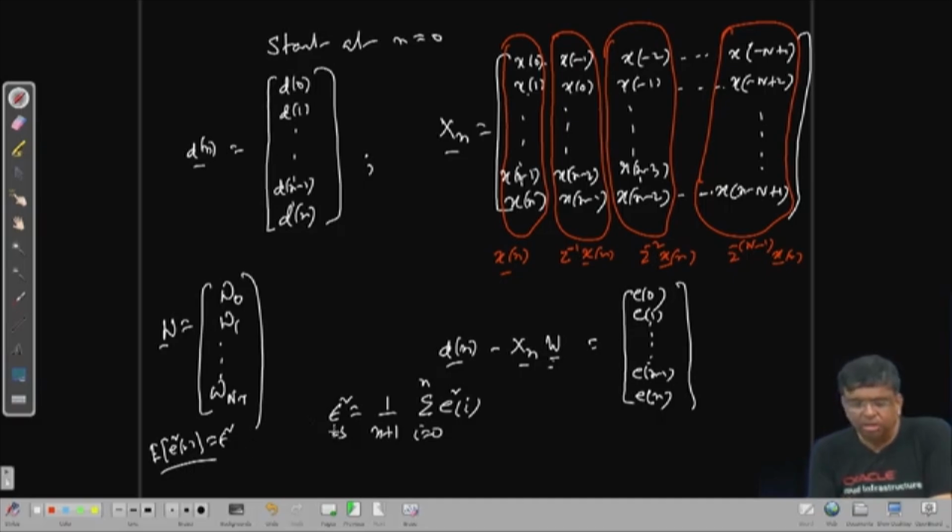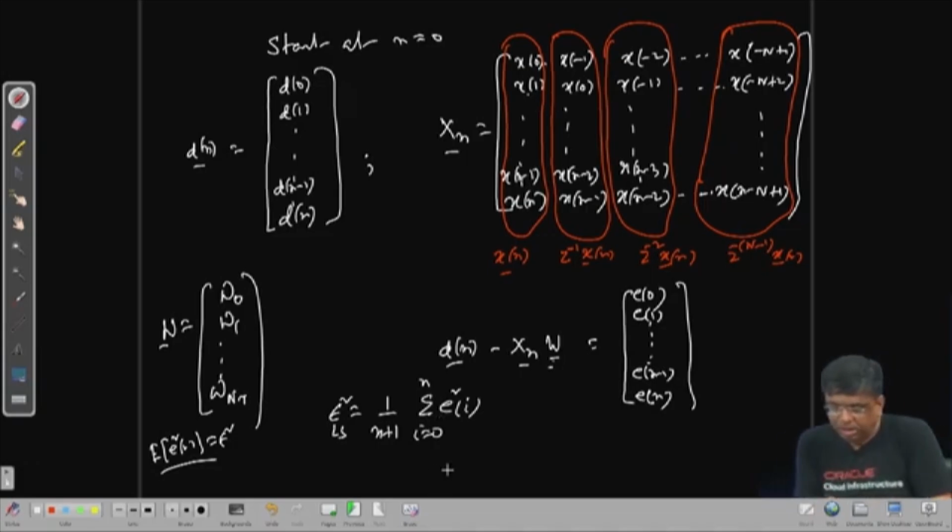So, minima here and minima here, they are also same. Okay. If you plot epsilon square versus filter weights and plot epsilon square LS versus filter weights, the two plots will be almost identical to each other, because the values are almost same. It is a very good estimate if the number of terms is large.